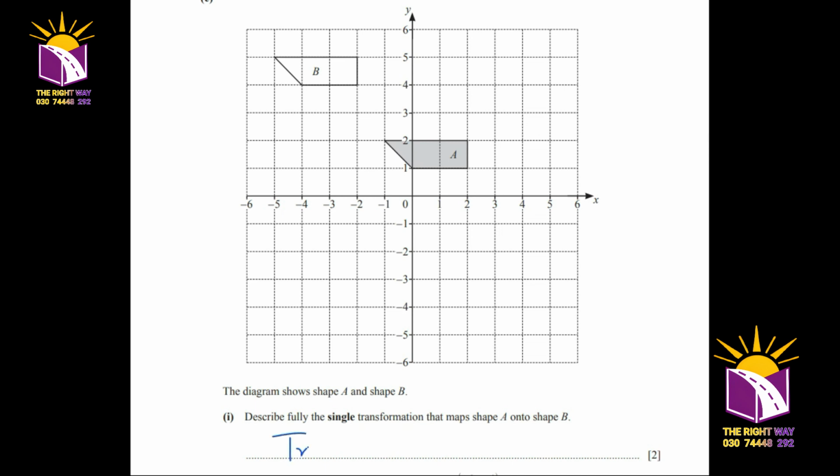For translation we write the matrix. I'm taking any single point, this point, and I have to move it to this point. In the y-axis, 1, 2, 3, so I have to move 3.